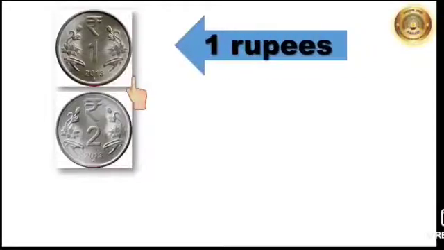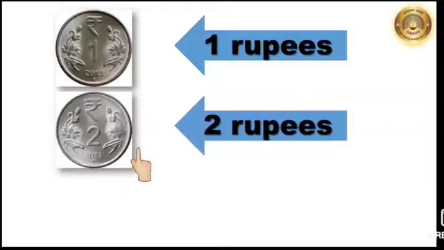Here, this is a 1 rupee coin, and the value of the coin which is written on the coin is 1, meaning the value of a 1 rupee coin is 1 rupee. And the next one, this is a 2 rupees coin, and the value of the coin is written on that coin.